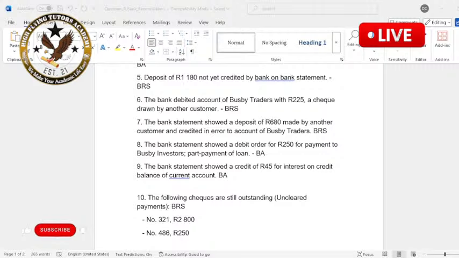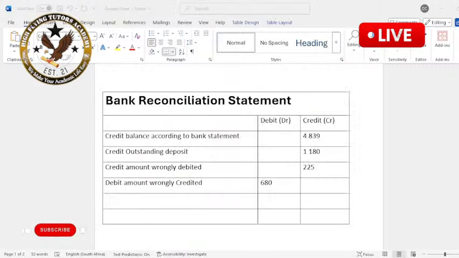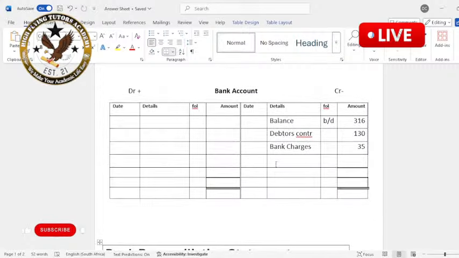So we're just gonna go to our bank account on the answer sheet right there and record loan or payment of loan. You can just say loan, you can say payment of loan, no problem. And then how much was it? 250.